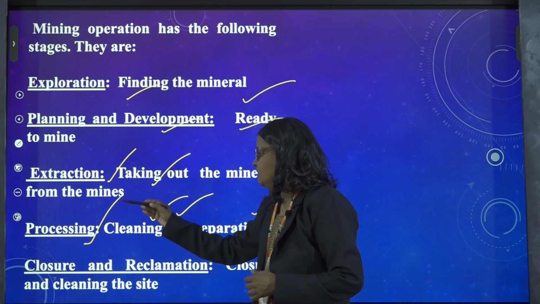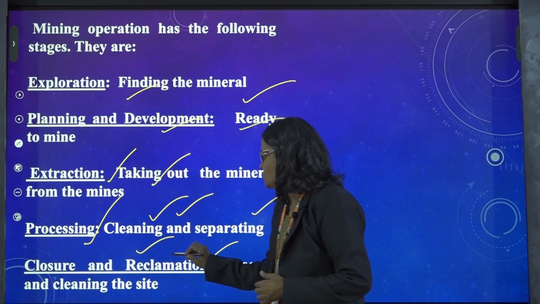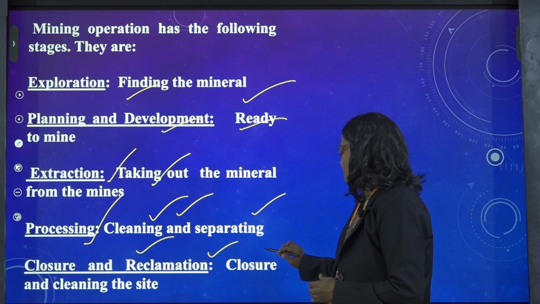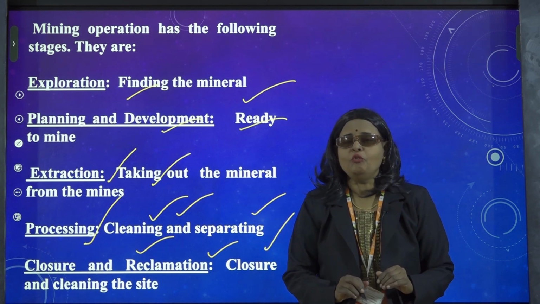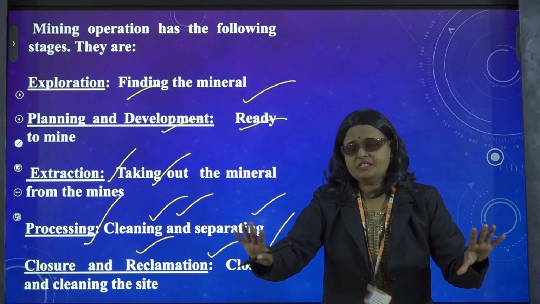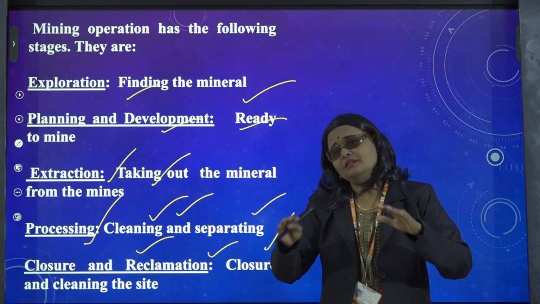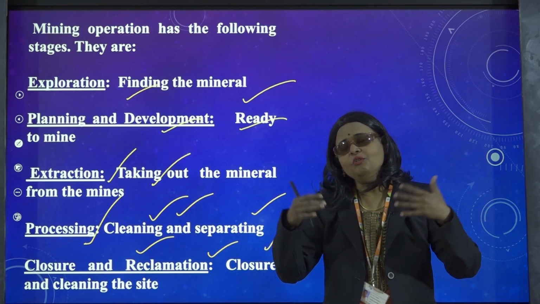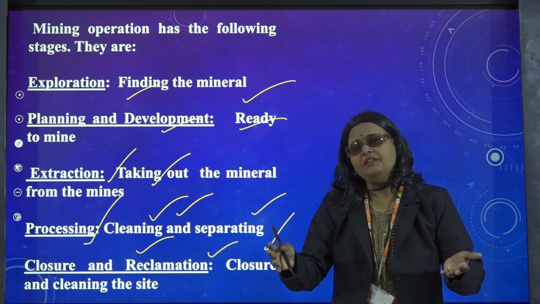Next, after processing, the last stage is closure and reclamation. See what they will do here? They will close it and clean the site, whatever the overburden is there. What is overburden? Overburden means that during extraction processes, we get a large amount of waste: mining waste, mine tailings, acid mine drainage.